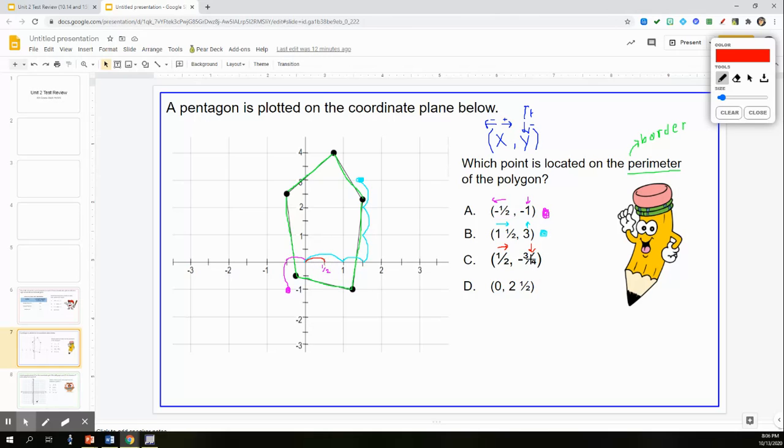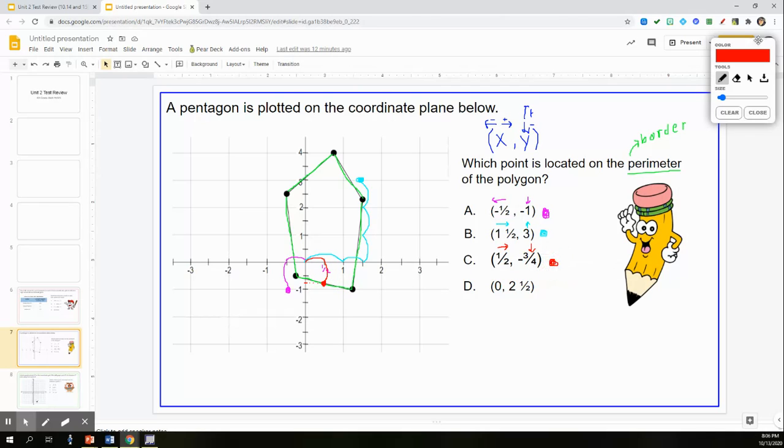Negative 3/4 is halfway between negative 1/2 and negative 1. If you think of it like money, 3 out of 4 quarters is a little bit over half of a dollar. So I would want to go negative 3/4, which would be right here for point C.